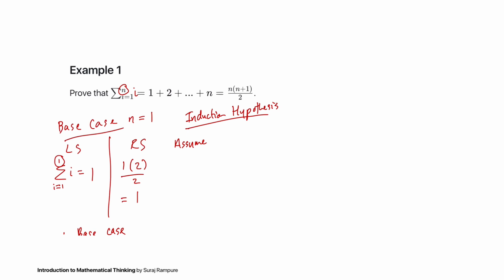Assume that 1 plus 2 plus all the way until k is equal to k times k plus 1 over 2. Any questions with that? So I'm not assigning a value to k, I'm just saying for some arbitrary k that we know nothing about, other than that it's a natural number, we're going to assume this is true. Sound good?